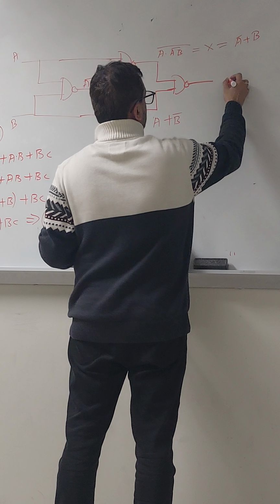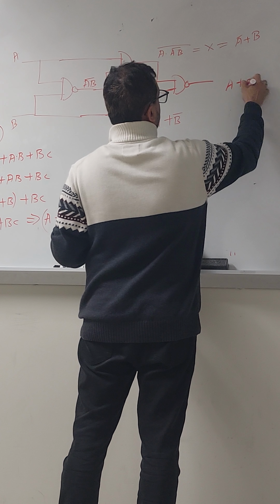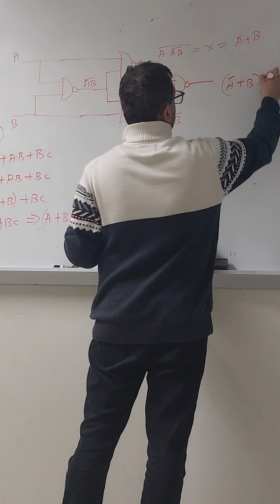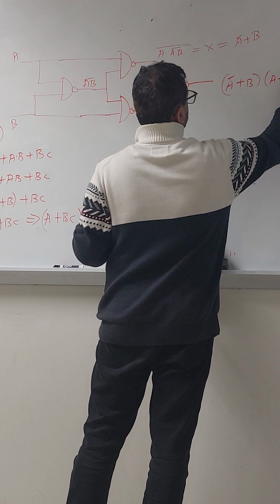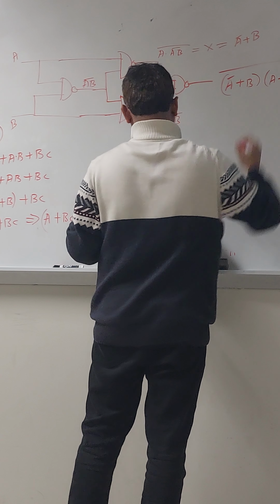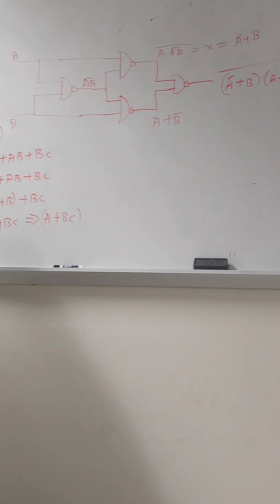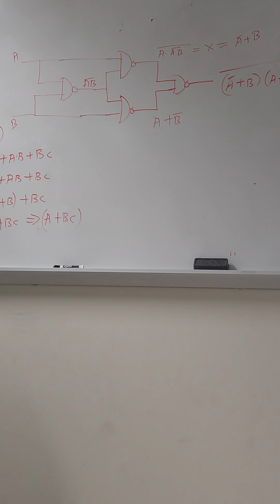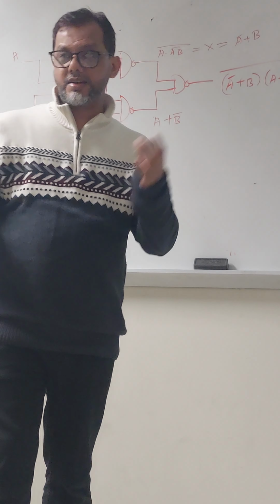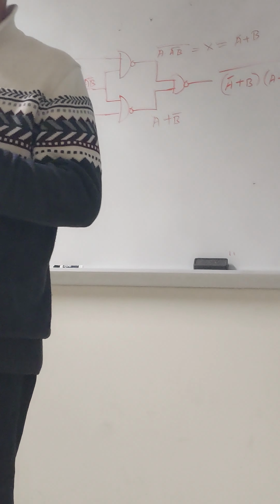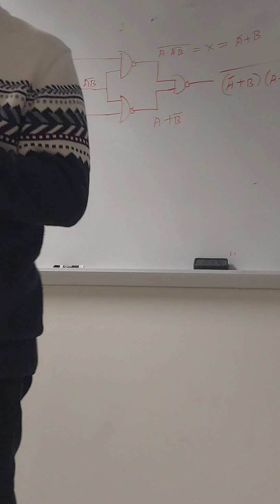The final NAND gate will have A bar plus B into A plus B bar, whole bar. Then if you draw it, it will give you the output. So this is how we can reduce the number of NAND gates. At first it seems that we require 9 NAND gates, but it is also possible to implement it with 4 NAND gates.